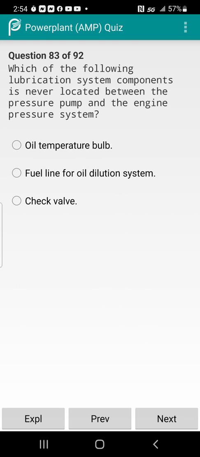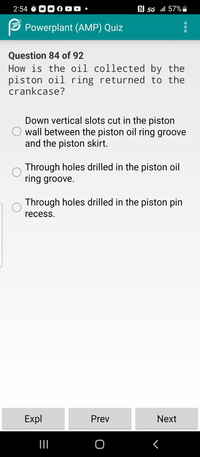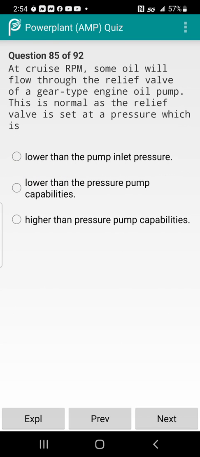The fuel line for the oil dilution system. How is the oil collected by the piston oil ring returned to the crankcase? Through holes drilled in the piston oil ring grooves.